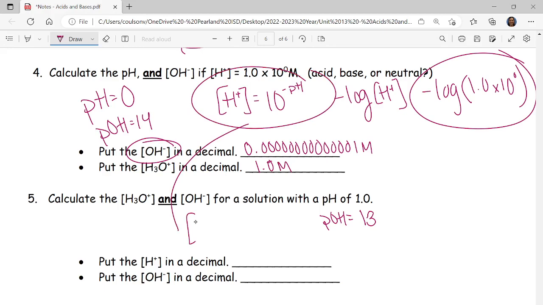Your hydrogen ion concentration equals 10 to the negative pH. My pH is 1, so it's 0.1. Good. And the OH concentration is 0.1, 2, 3, 4, 5, 6, 7, 8, 9, 10, 11, 12, and then a 1.